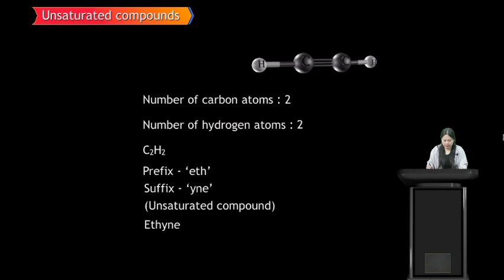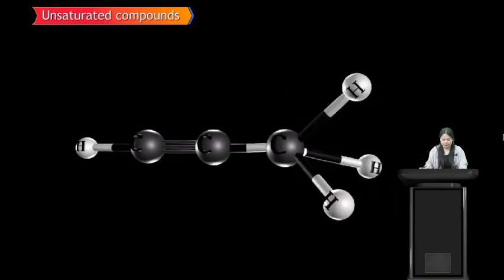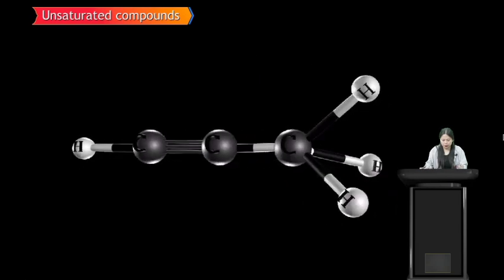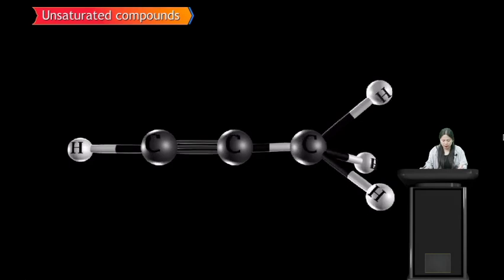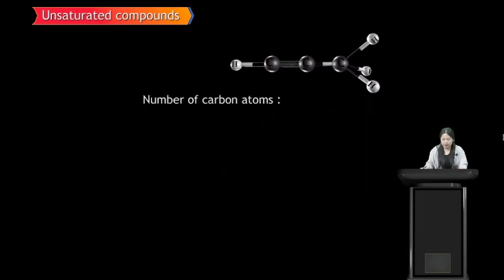Now let us see another example. We have another compound here with 3 carbon atoms. We have one triple bond here. So this is an alkyne. The number of carbon atoms in this compound is 3. The number of hydrogen atoms is 4. So the chemical formula of this compound will be C3H4.